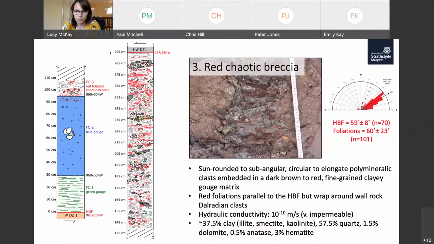But again, anastomoses wrap around these variably altered centimetre scale clasts, and the clasts themselves are of the Dalradian wall rock. So this clay has a slightly different mineralogy to the blue and green gouge that we saw, slightly less clay. It still has 3 types of clay, but instead of illite, smectite, chlorite, which we saw in the green and blue, you've now got illite, smectite and kaolinite.